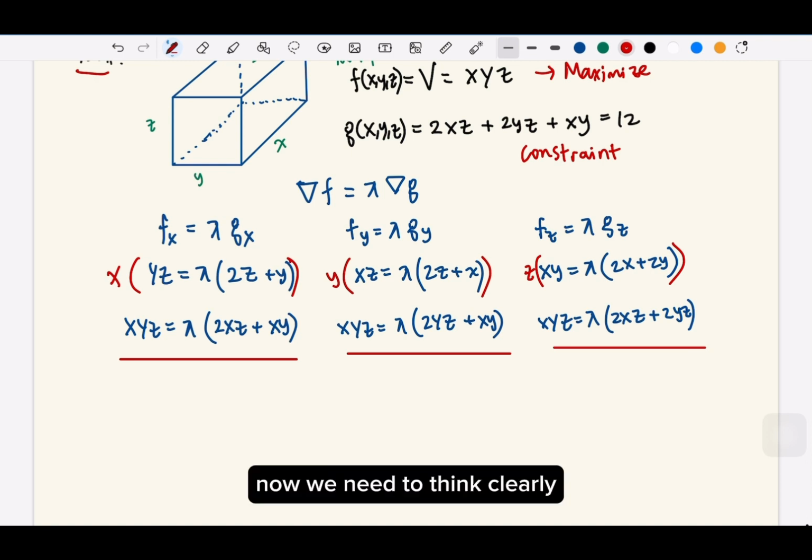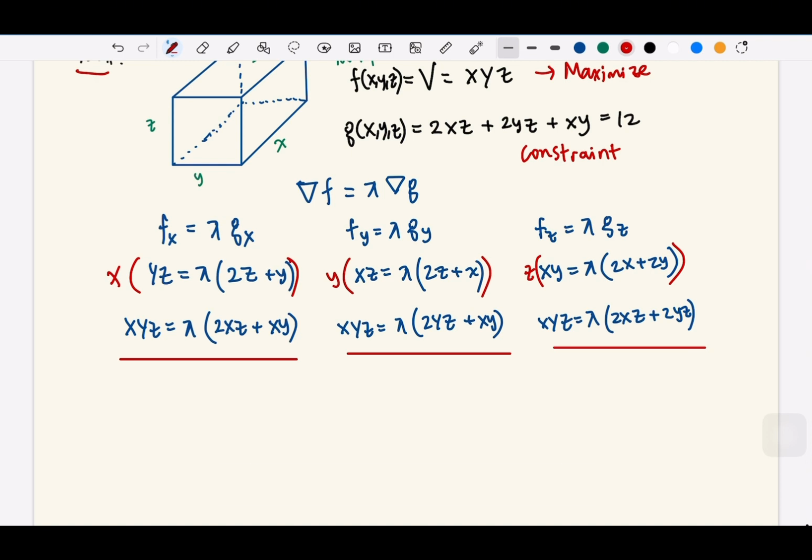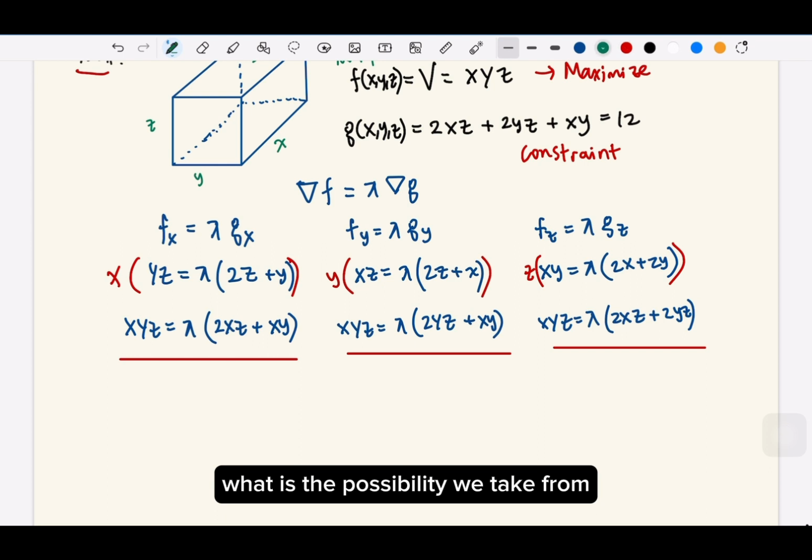Now we need to think clearly what possibilities we can take from these expressions.